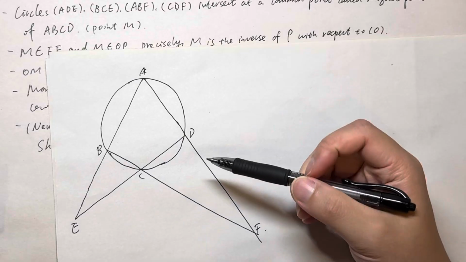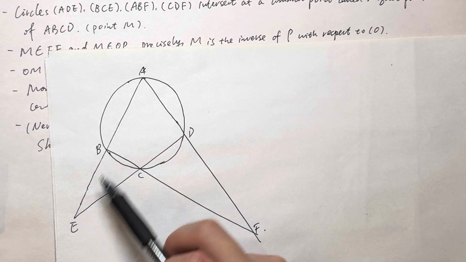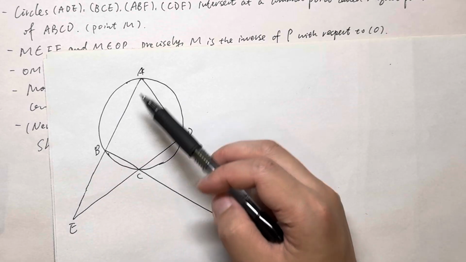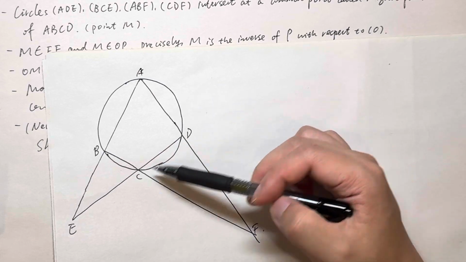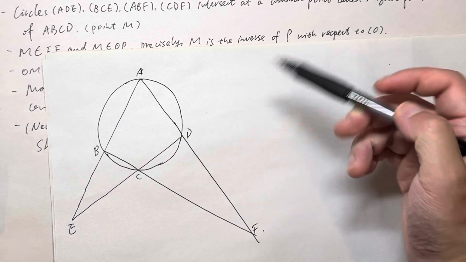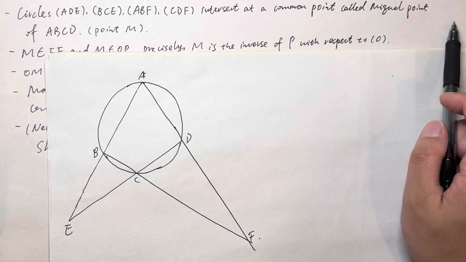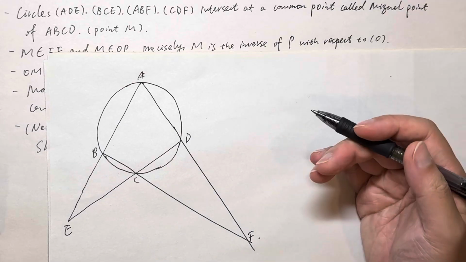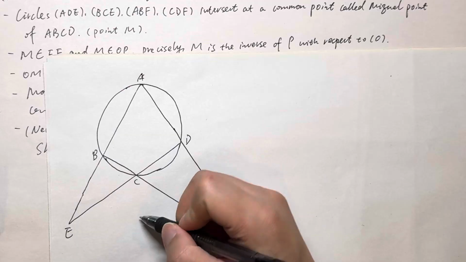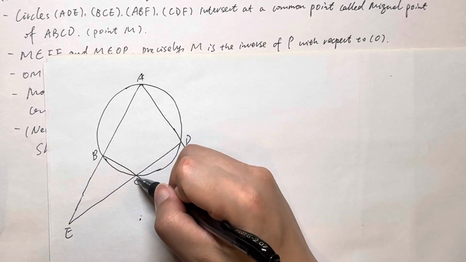And we want to prove that the circle ADE, the circle BCE, circle ABF, circle DCF intersect at a common point, which is called Miquel's point, right? Actually, this we already covered before, but let's just do it again. So assume that we have this point here, right?